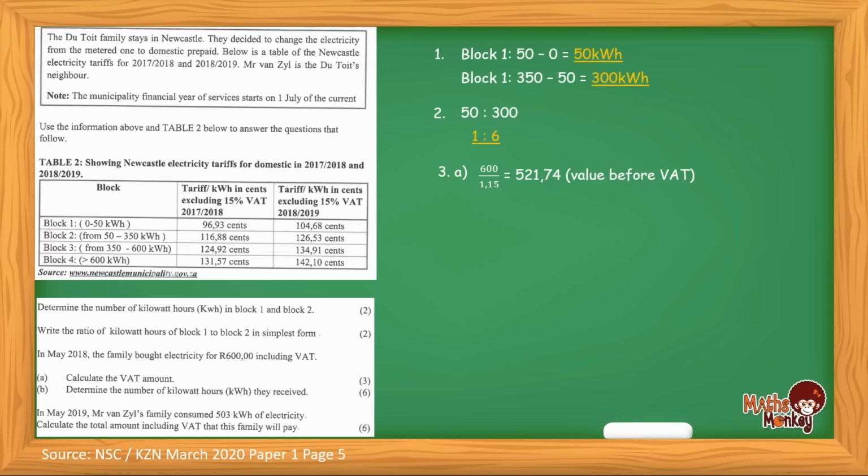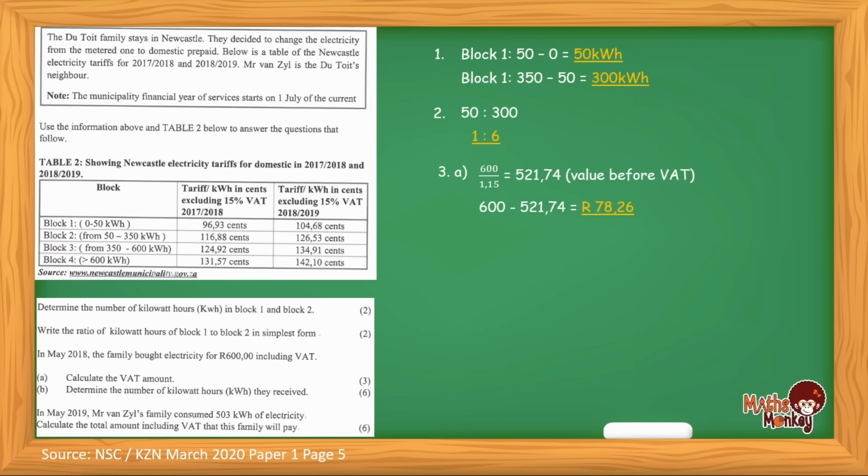This is now the value before VAT was added. So if I have 600, which is after VAT, and 521.74, which is before VAT, then obviously the VAT value is the difference of these two values. And in this question, it is 78 Rand and 26 cents. So that is our VAT value in that 600 Rand.